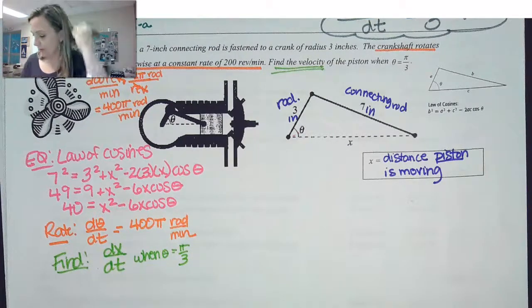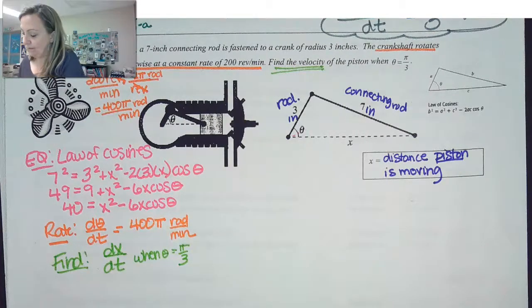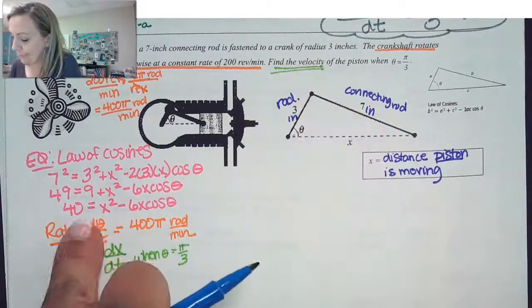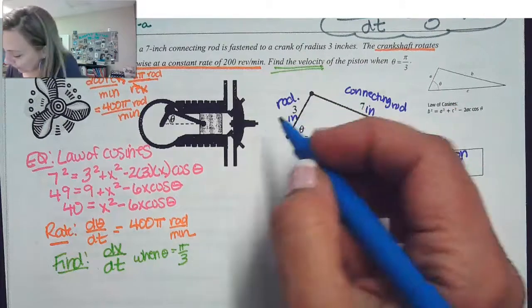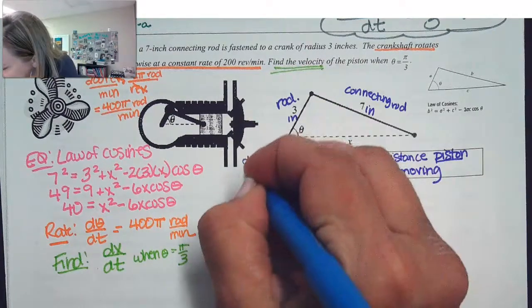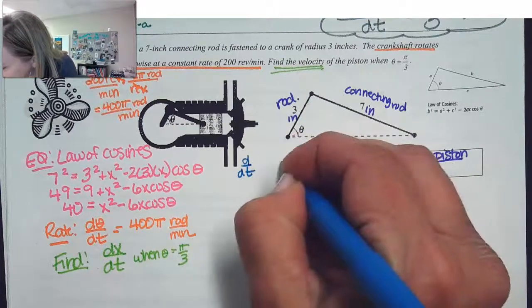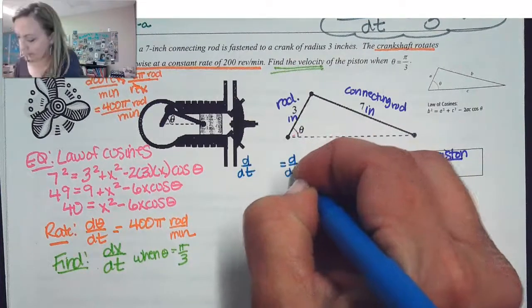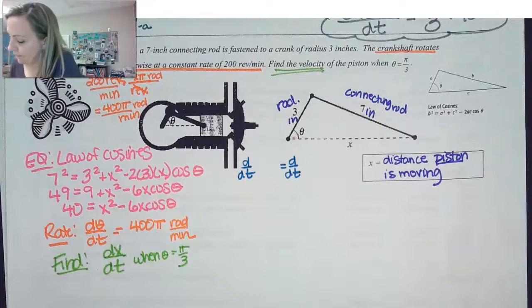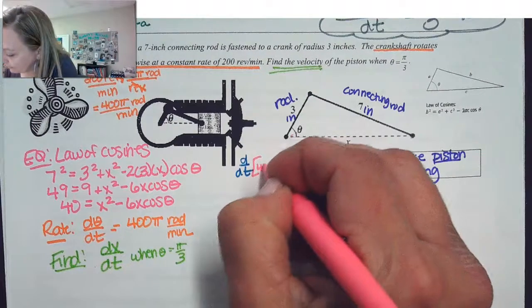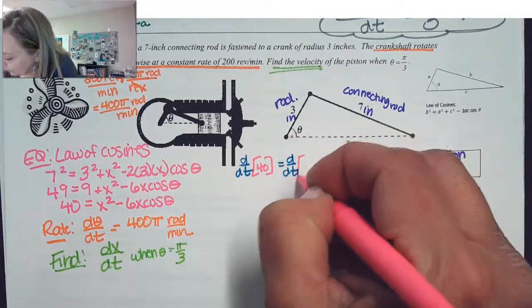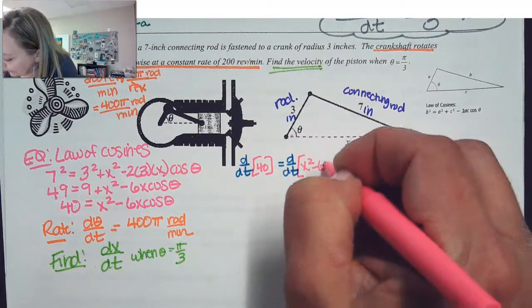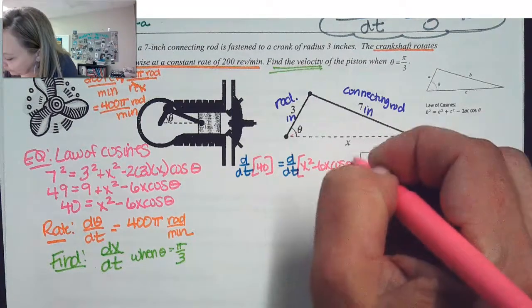Okay, all right, so now what we're going to do is take the derivative with respect to t of this: 40 equals x squared minus 6x cosine theta.